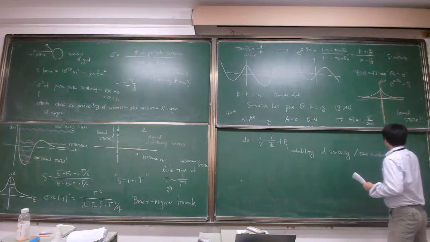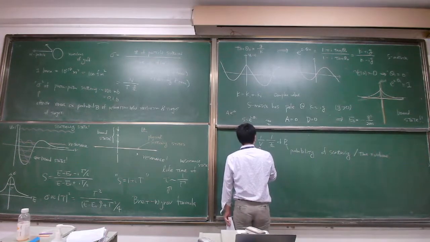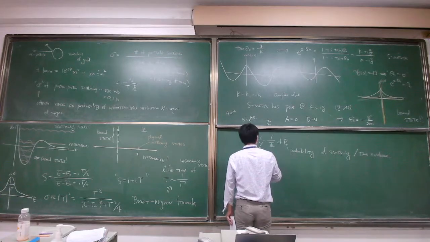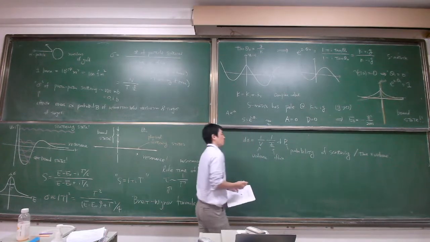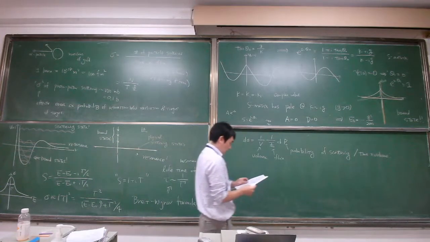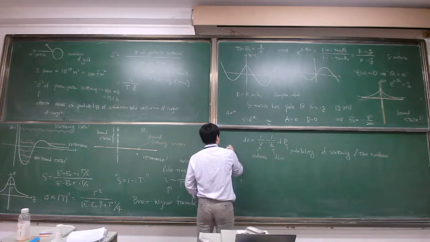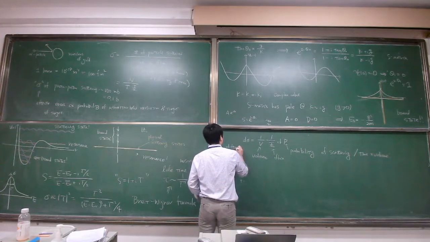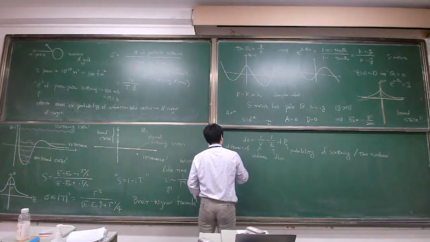Okay, so this is the probability, and then V is the volume, and this is flux. And then often, this is called the differential cross section. Cross section.